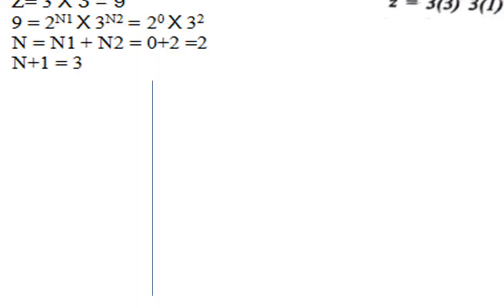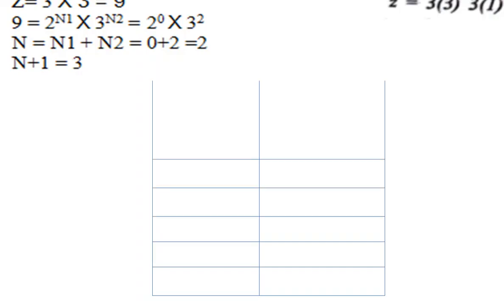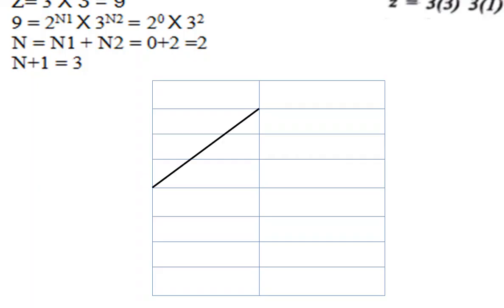Let us start. This is my first vertical line, second vertical line, third vertical line. Now I'm going to draw horizontal lines from the bottom: 1, 2, 3, 4, 5, 6, 7, 8, 9. Now I'm going to first select the center line. So somewhere from here my center line is going to be.